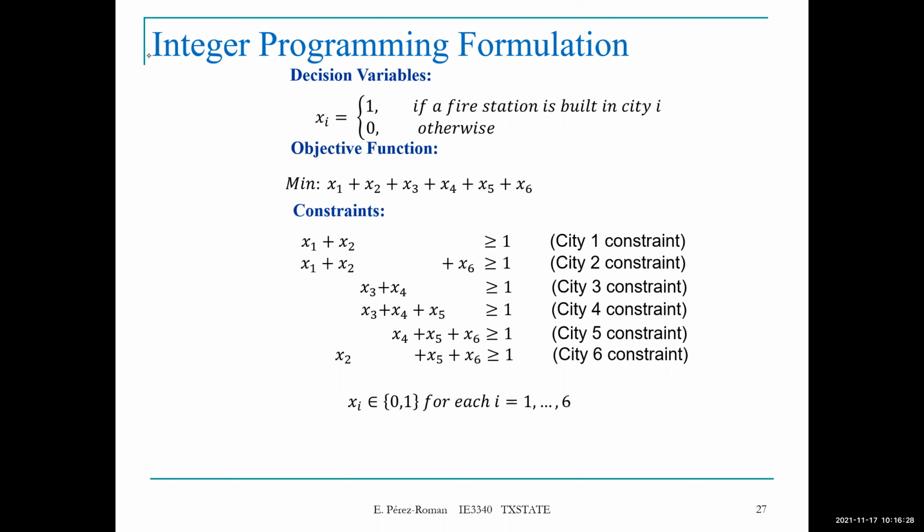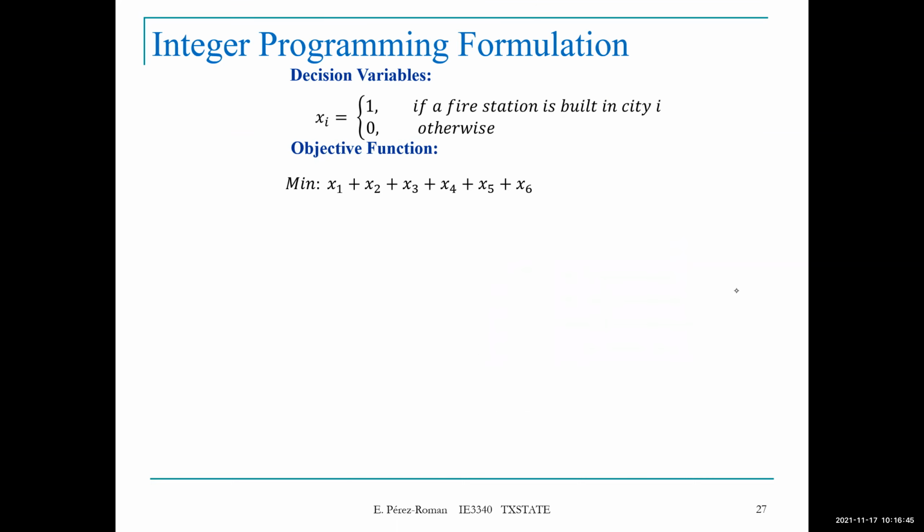Just by making x1 equal to 1, we're going to satisfy these 2 constraints. In this case, if we make x4 equal to 1, we can satisfy this group of constraints. Right, so what I'm saying is, let me go back here.